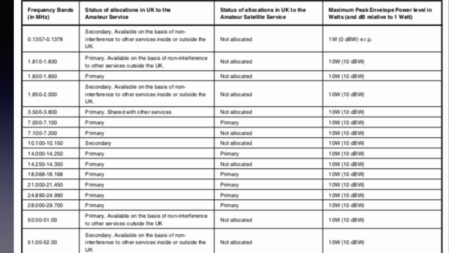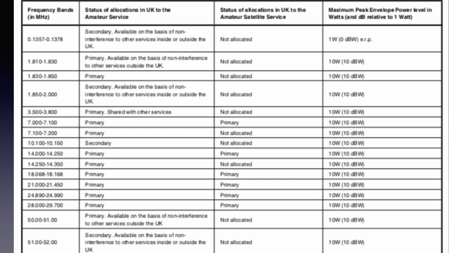So a question might be, on what basis is 7.05 megahertz assigned to amateur satellite services? And would it be primary, not allocated, secondary, or I don't know, something else?